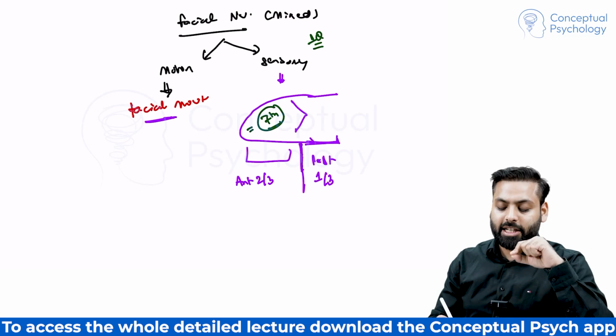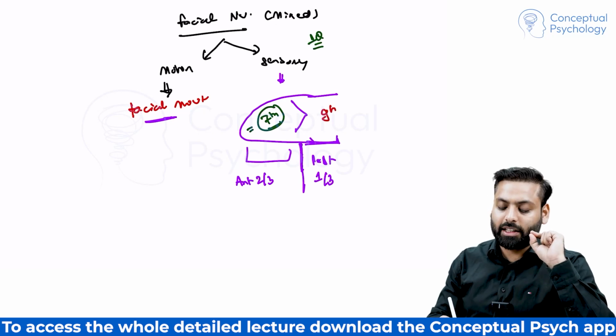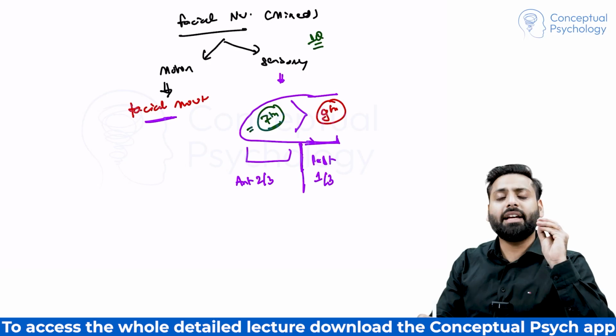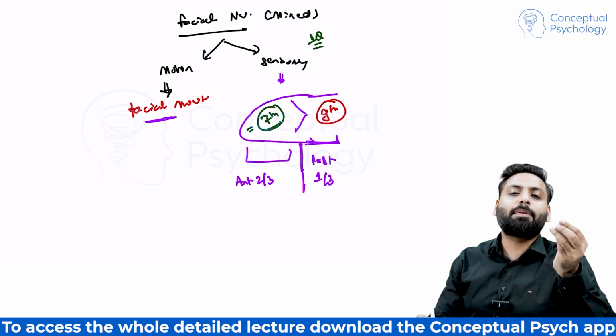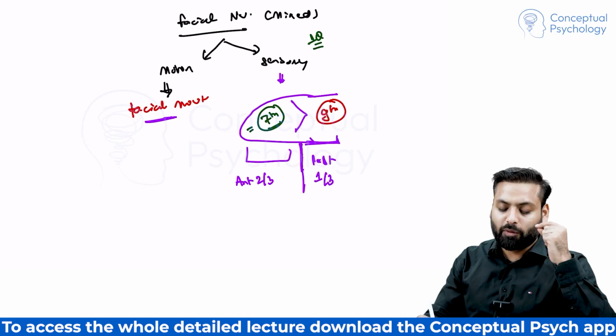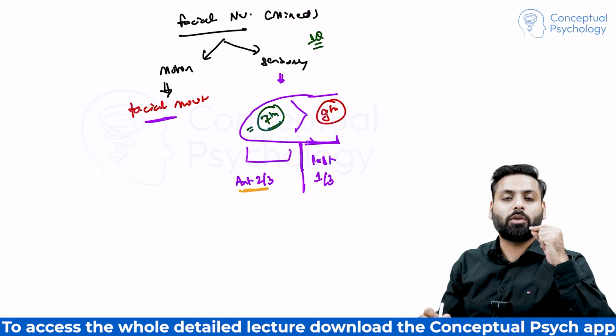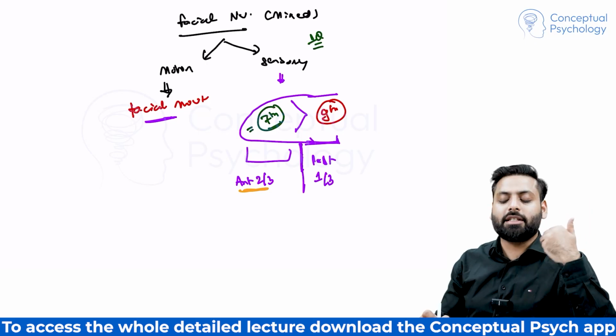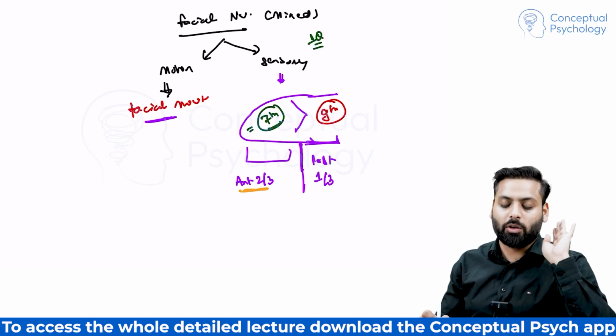But the sensations from the posterior 1/3 of the tongue are carried by 9th nerve. In the question they will ask you, there is a patient in which we keep sugar over the tip of the tongue. Tip of the tongue means anterior 2/3. And the patient is not able to feel any sensation. Which nerve is injured? 7th. Tick and move forward.